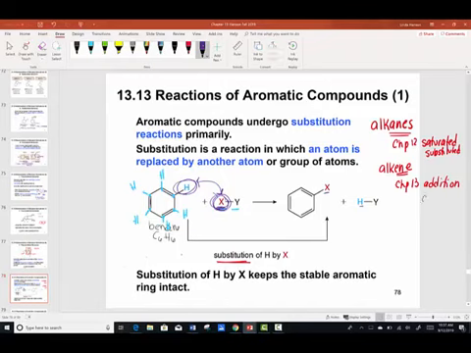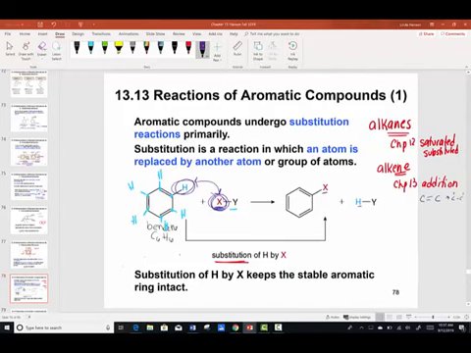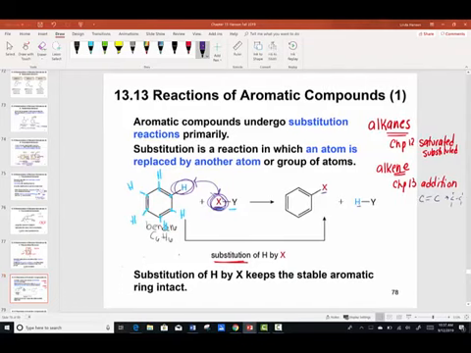Now remember, addition reactions take a double bond and turn it into a single bond, adding all 4 bonds back to the carbon. That's what we focused on with alkenes. We did addition reactions using hydrogen, using halogens, using a hydrohalogen, and we hydrated with HOH.